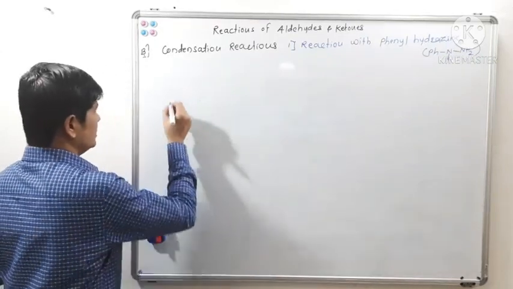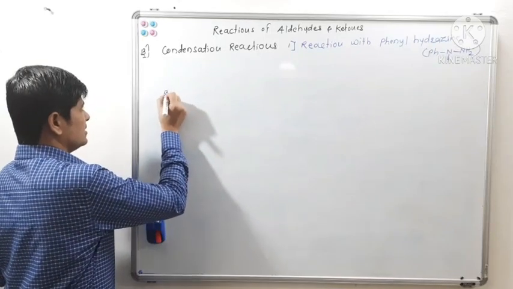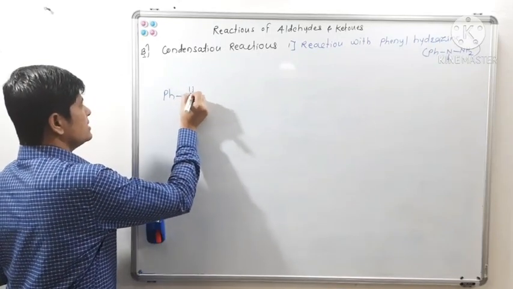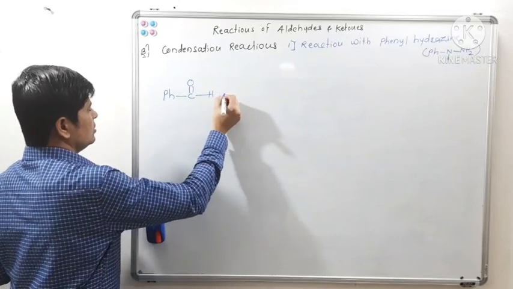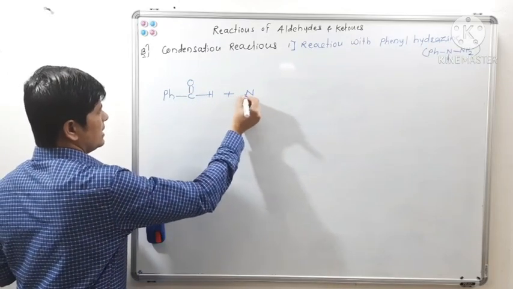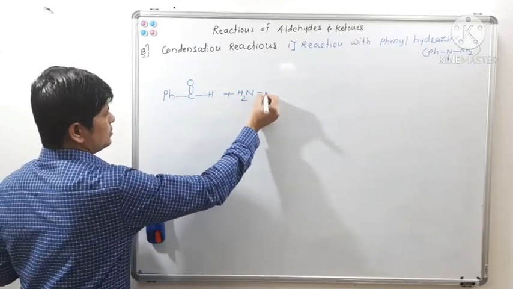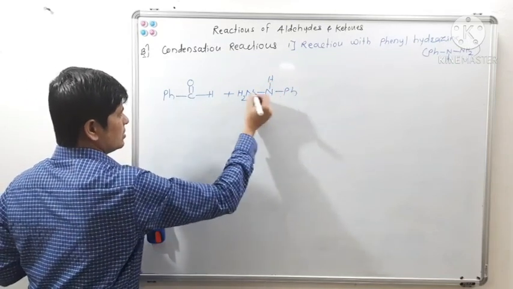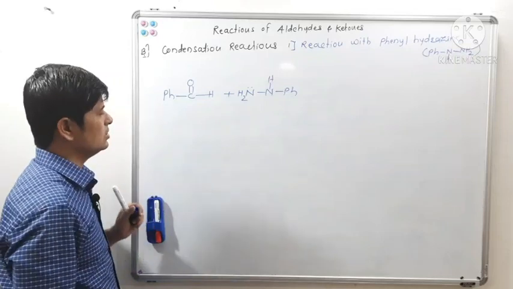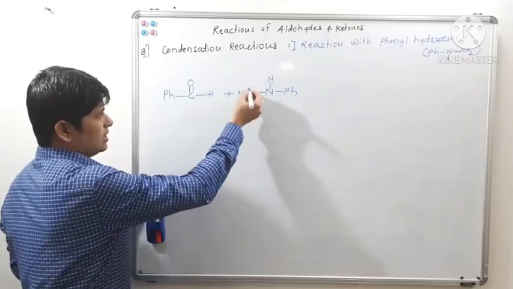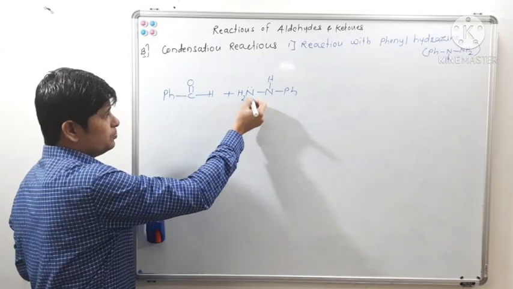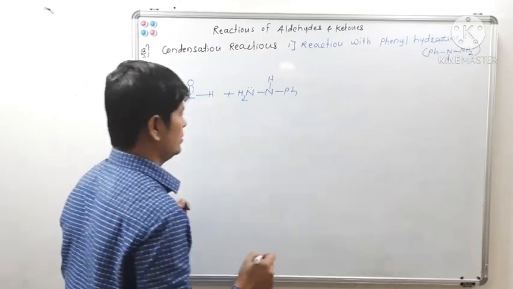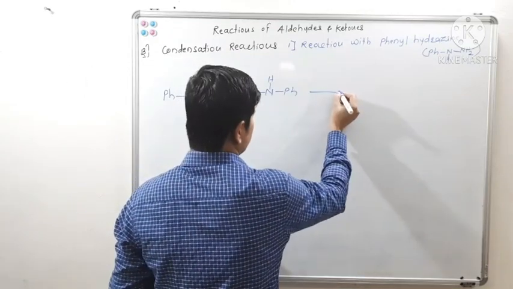For example, if we react benzaldehyde with phenylhydrazine, NH2NHPh, now this NH2 group will react with this carbonyl carbon. So what we will get in the first step?